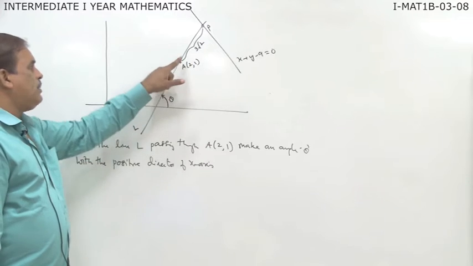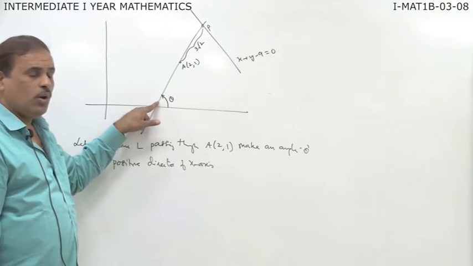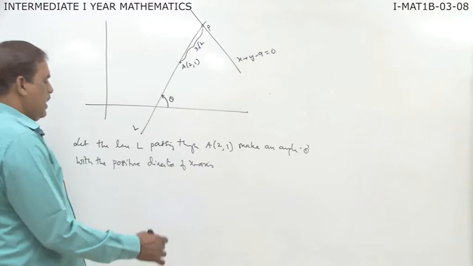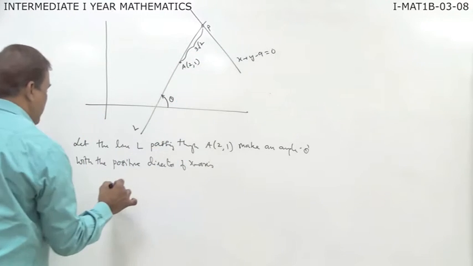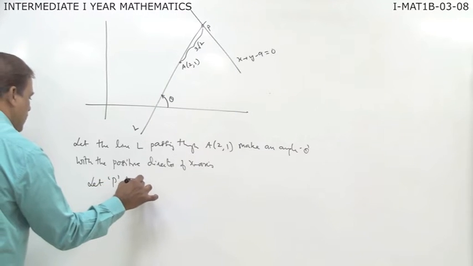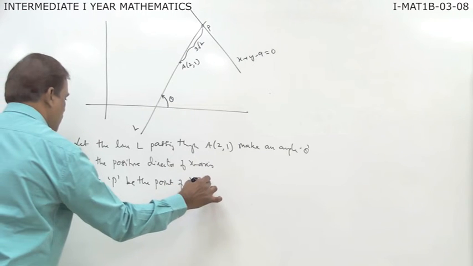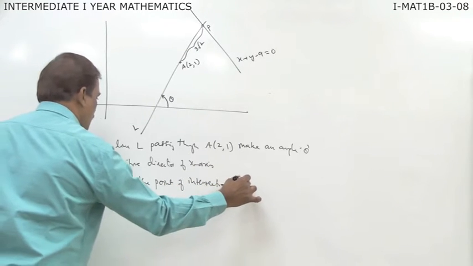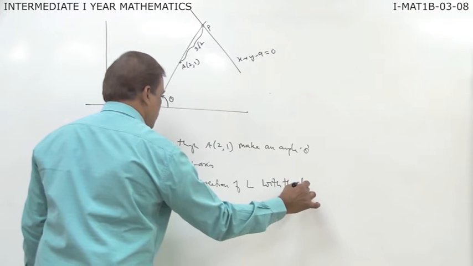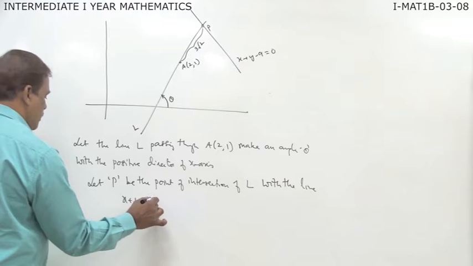A2, 1 అనే బిందువు గుండా పోవు సరళరేఖ x అక్షం ధన దిశతో అపసవ్య దిశలో θ కోణం చేస్తుంది అనుకుందాం. Let P be the point of intersection of L with the line x plus y minus 9 is equal to 0.